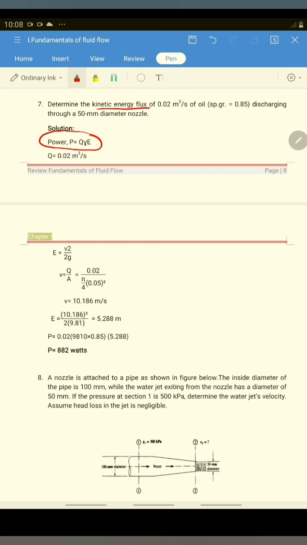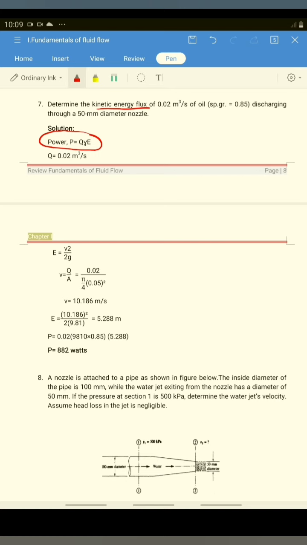Okay, the power. We have P is equal to the discharge times the specific weight of the oil times the head.